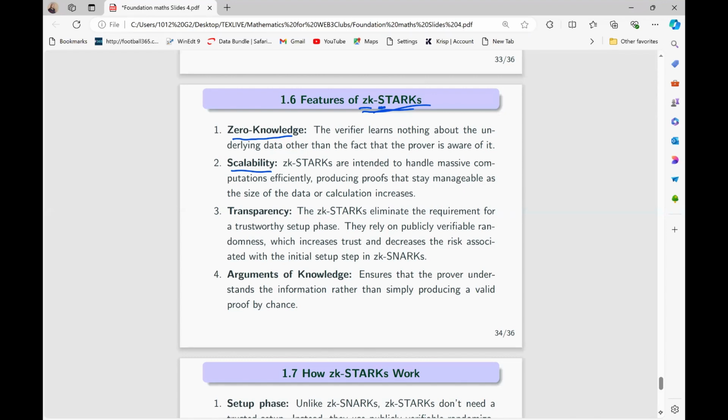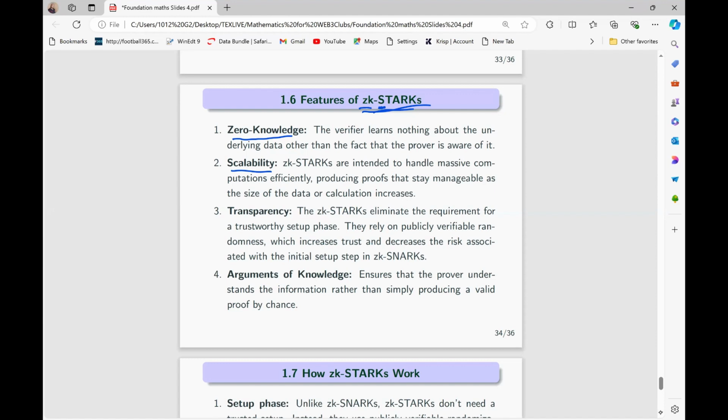This one comes with it, so it can handle massive computations and produce proofs of manageable size. Even if there are very many calculations, this one will still handle that.